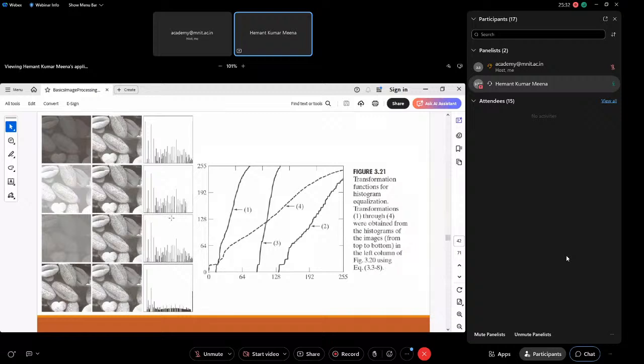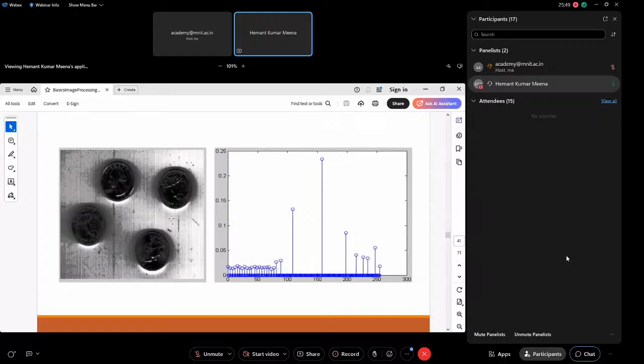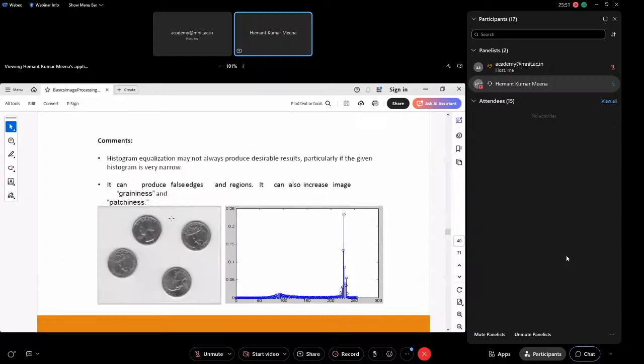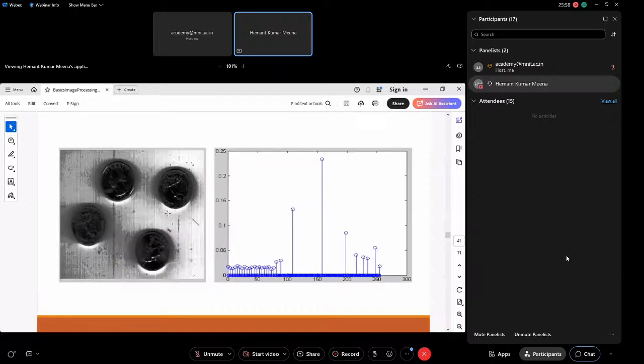This was shown in the last diagram where we considered the transformation function for histogram equalization using equation 3.3.8. All this matter we have taken from our book, Gonzalez. I will share the book also.